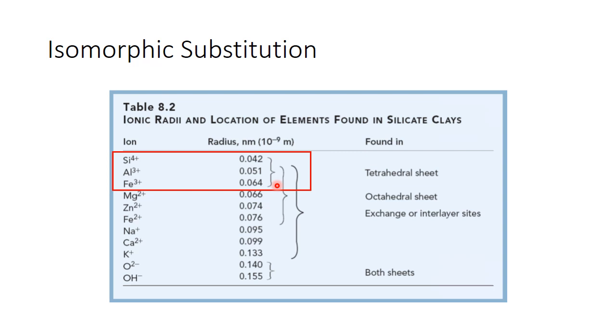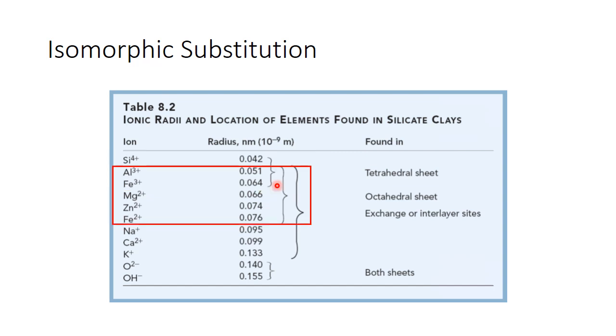But when that happens, because there's less charge, we end up with a permanent charge. In the case of octahedral sheets, we can have aluminum or iron 3 plus at the center, and if that's the case, then there's no permanent charge. But if we have magnesium 2 plus, zinc 2 plus, or iron 2 plus, then we actually get a permanent charge that's built into the octahedral sheet.